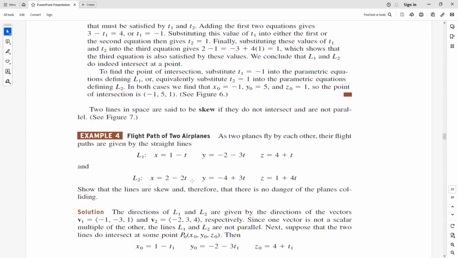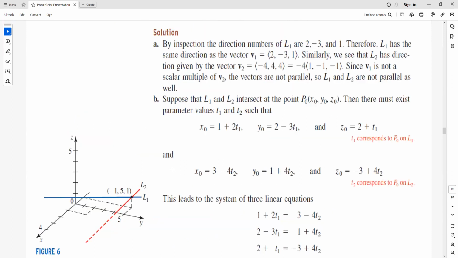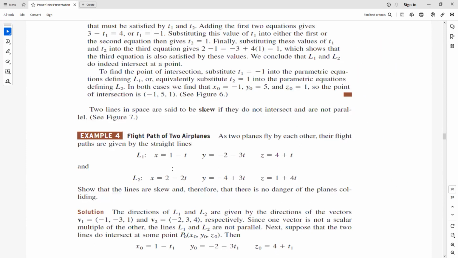By finding t1 and t2, just plug them into the z equations and check whether they are equal or not. If both z's are equal for t1 and t2, then the lines intersect. If not equal, then the lines do not intersect, right?